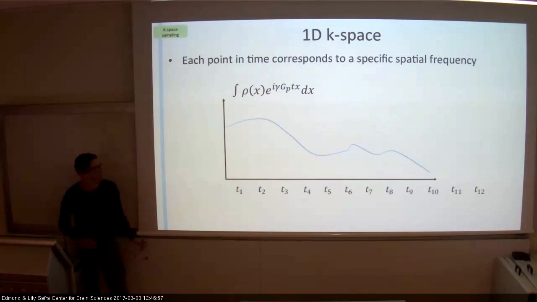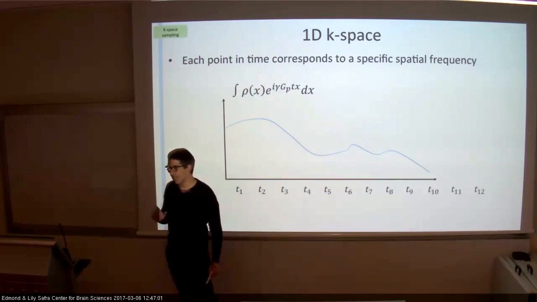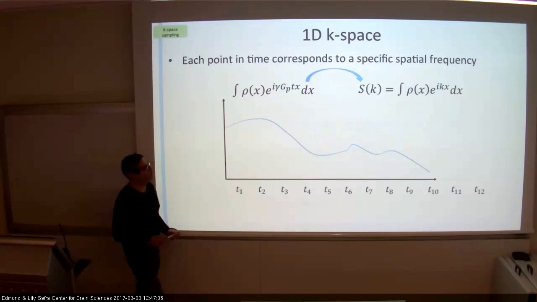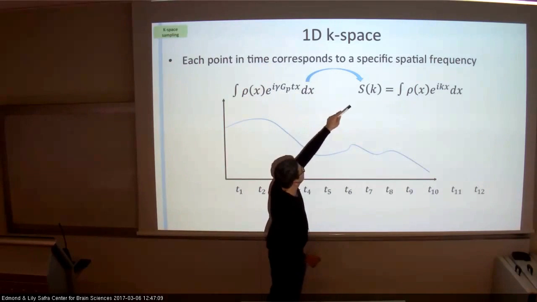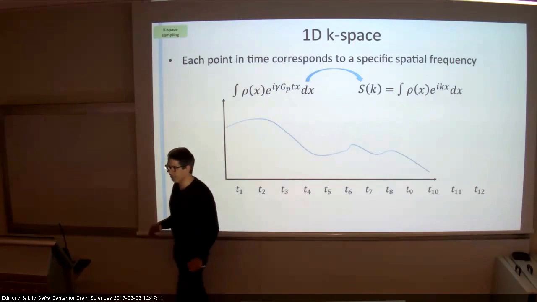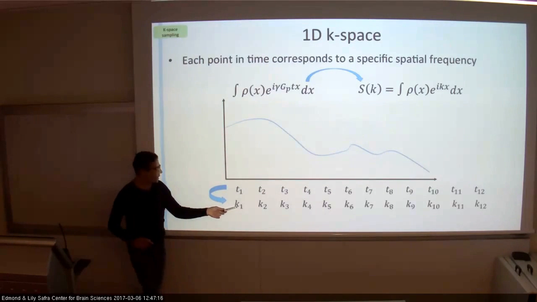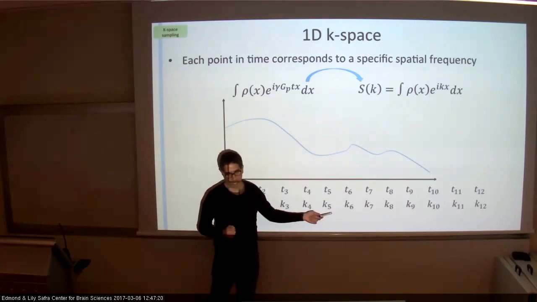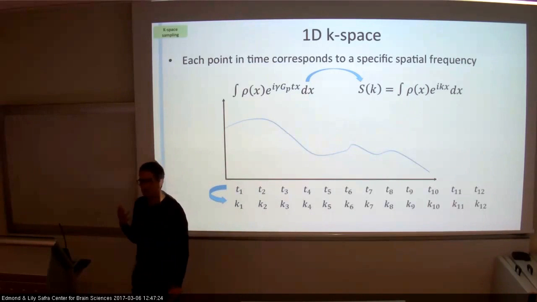And so now, when I'm measuring a signal in time, I can also describe it as a function of k. So now I have a signal as a function of k. Each time point gives me a weight on a specific k. At least you have some intuition of that, right?